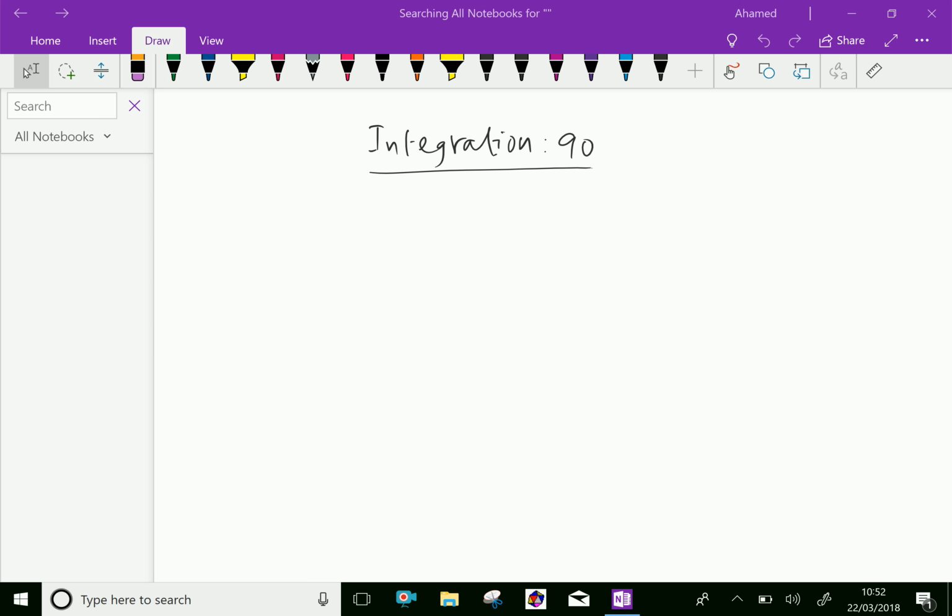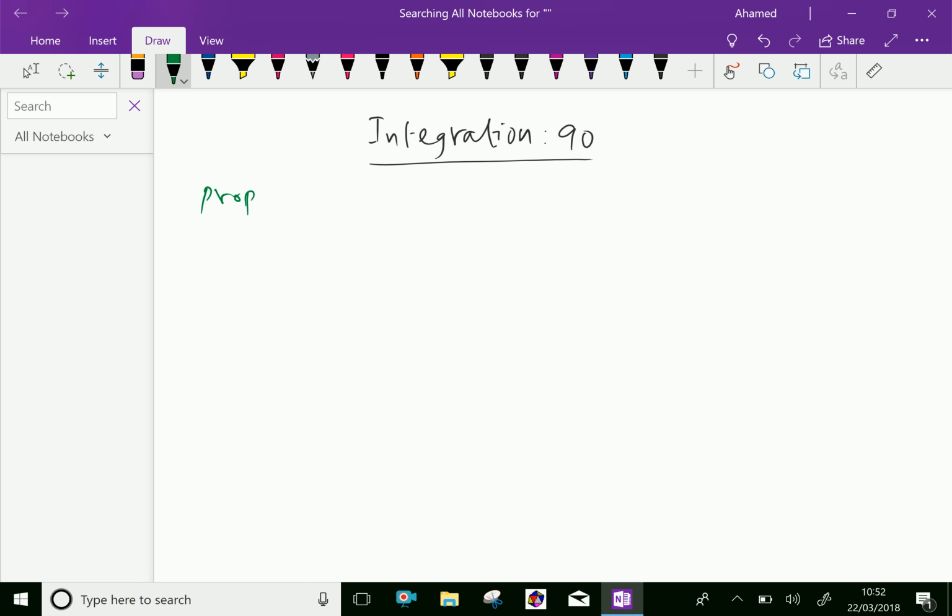Welcome. Property 8: periodic function. Periodic function means that values are repeating. For example, f of x equal to sine x, that means y equal to f of x.